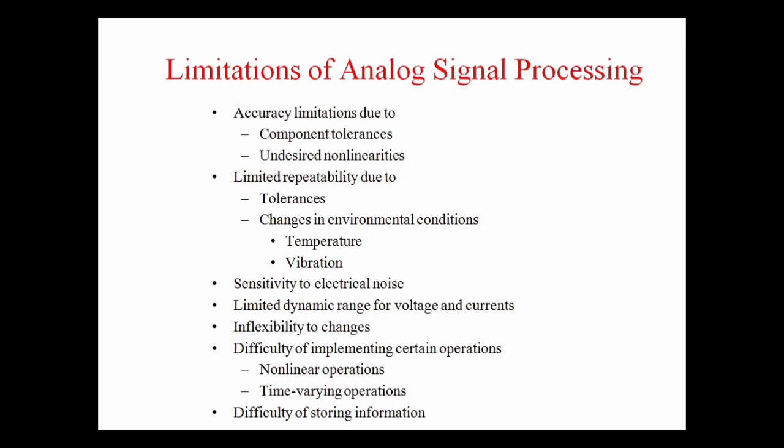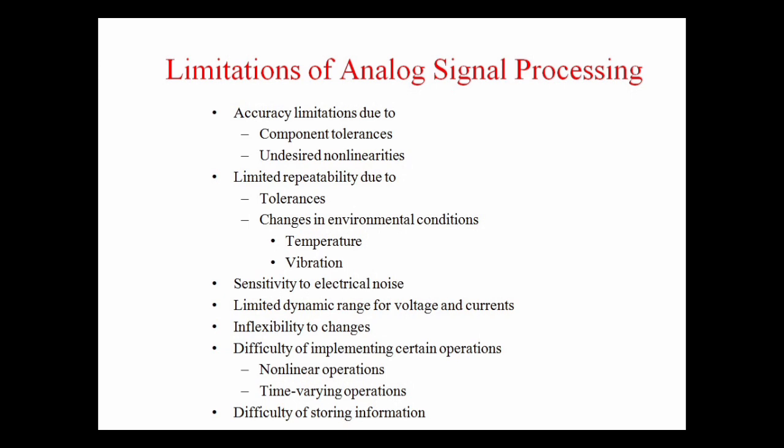It is also sensitive to electrical noise. Noise sources are sensed in the different parameters, so the system can fail. There is also inflexibility to changes and difficulty implementing certain operations like non-linear and time-varying factors. These are some limitations of analog signal processing.